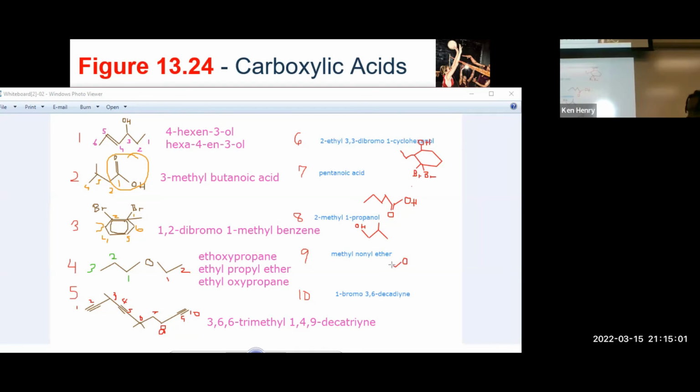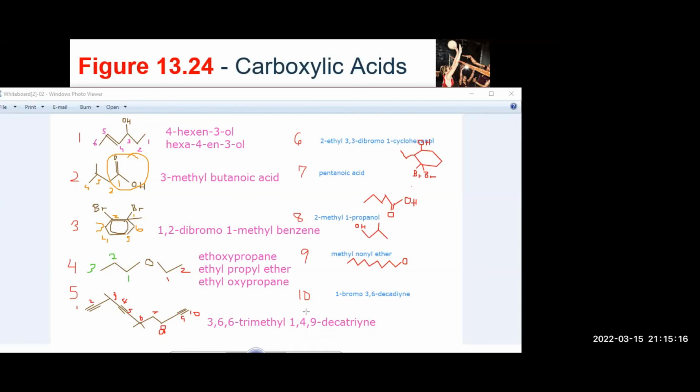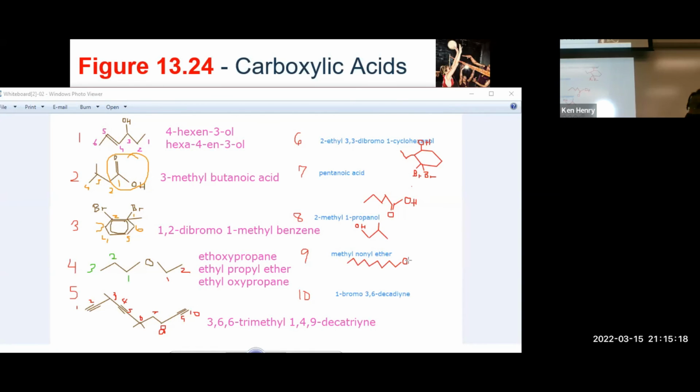That's 1, 2, 3, 4, 5, 6, 7, 8, 9. And on the other side, it doesn't matter which side. And then what's on the other side? Just 1.